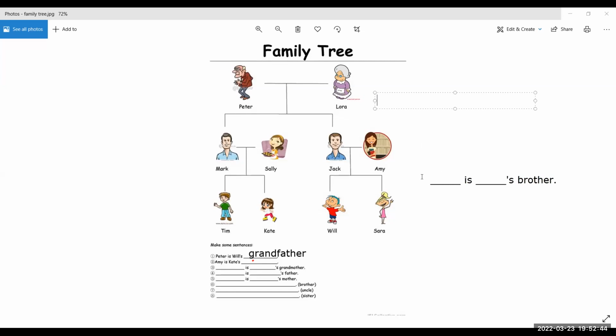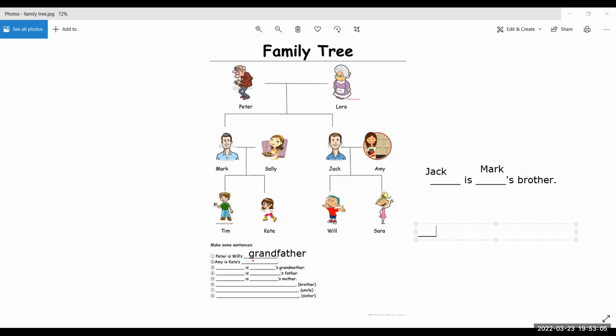Okay, good. So we can say that Jack is Mark's brother. Beautiful. We could also say that Tim is Kate's brother and Will is Sarah's brother. Good job.